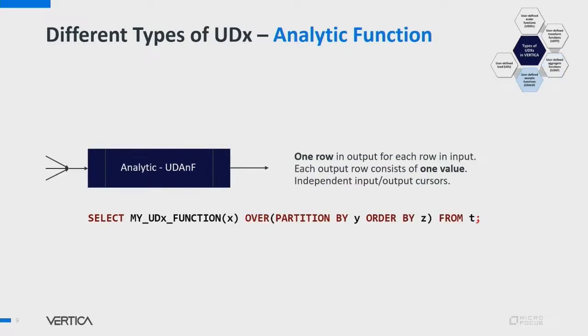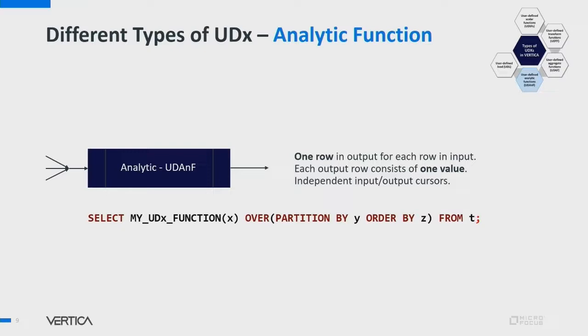Another interesting type of function is analytic functions, which could be used for analytics of data stored in Vertica. User-defined analytic functions must output a single value for each row of the data, and they are somewhat similar to scalar functions, but the fundamental difference is that in an analytic function, the cursors for accessing input data and output data can be moved independently.